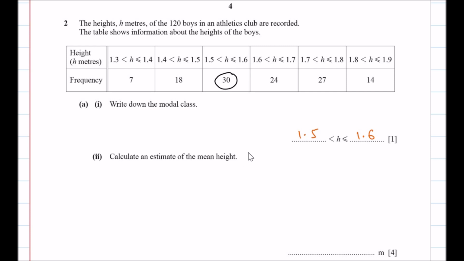It says calculate an estimate of the mean height. Now you must be remembering, to estimate the mean from a grouped frequency table, we need to use this formula. Let me write. Mean is equal to summation fx divided by n. n is the total of the frequency.